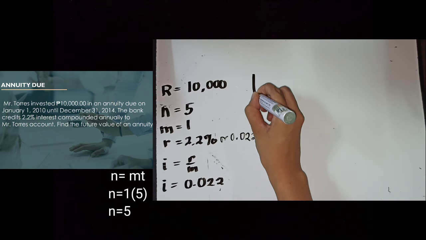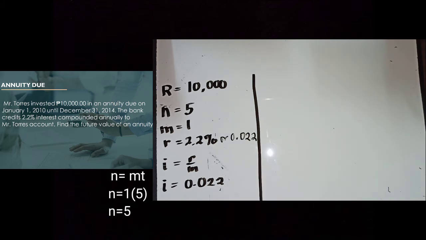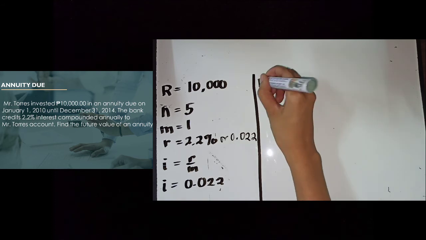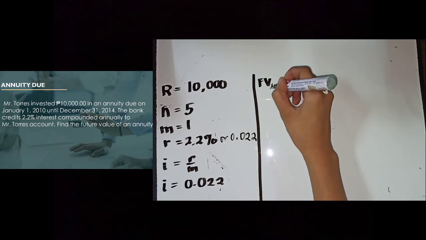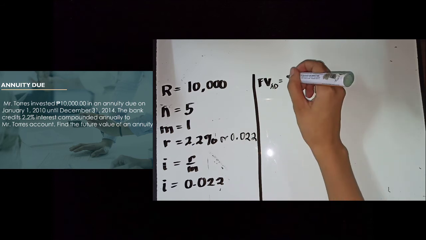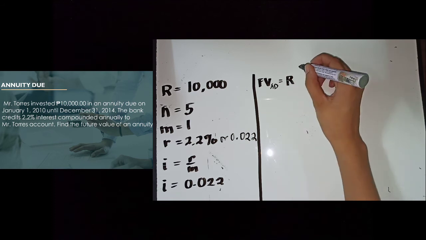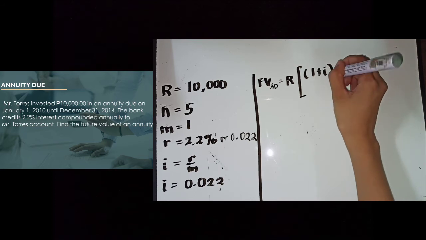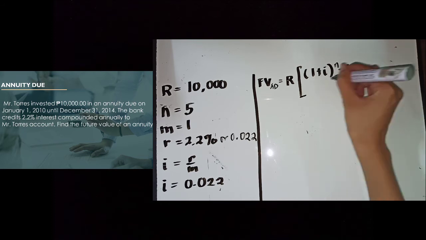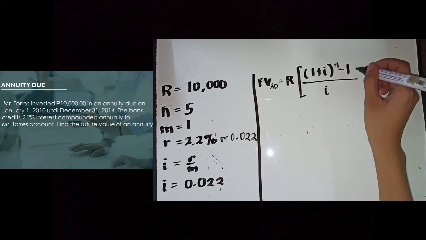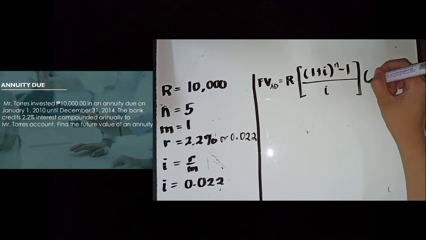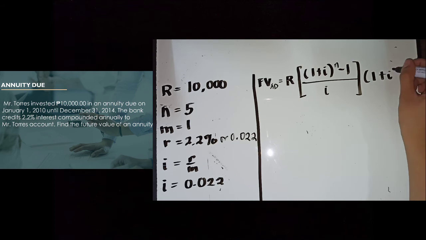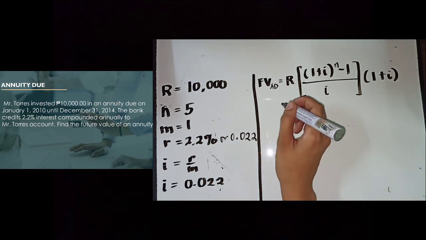Okay, so ngayon, just substitute all the given sa atin pong formula. Again, to solve for the future value of an annuity due, that is equal to capital letter R multiply by 1 plus i raised to n minus 1 over i, multiply by 1 plus i. Okay, so substitute lang natin lahat.